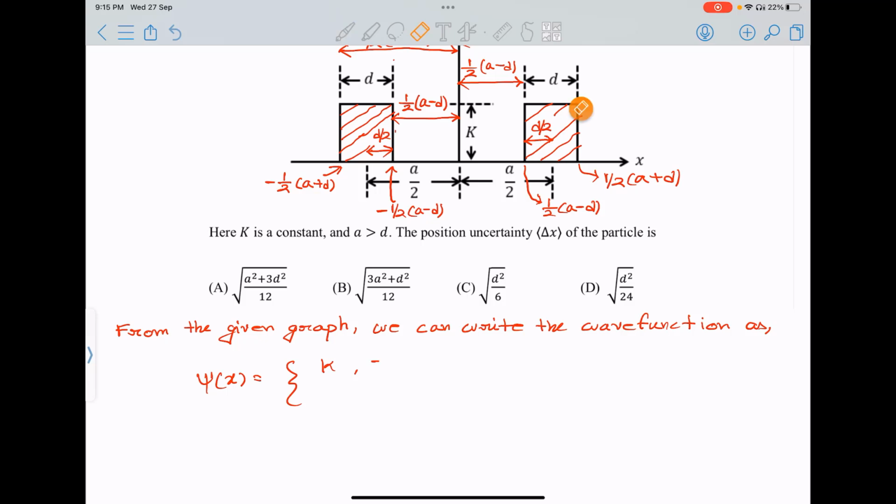So this should be from minus half of a plus d to minus half of a minus d, and from half of a minus d to half of a plus d, and the wave function is 0 otherwise.